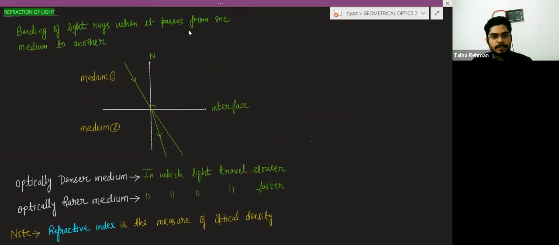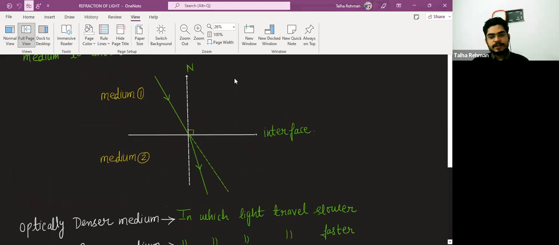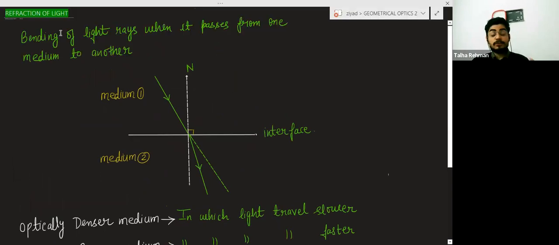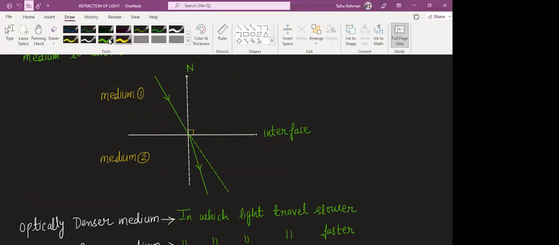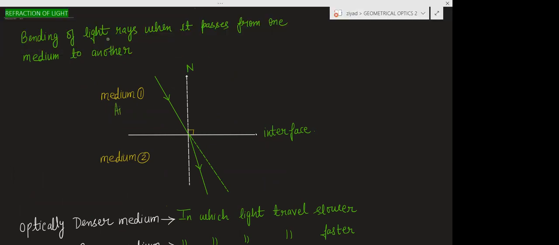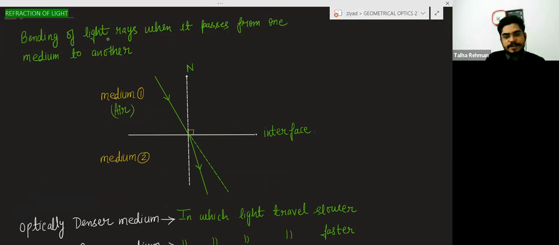So you can see here, what is the refractive index? What is the refraction of light? This is one medium and this is another medium. Suppose this one medium is air, and it can be any other medium also.